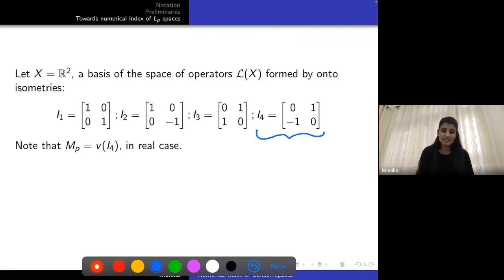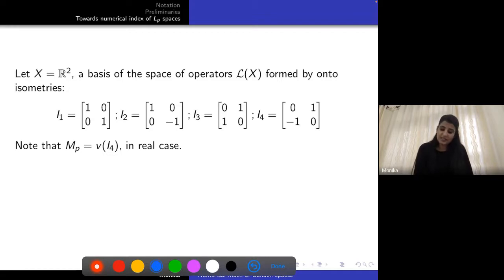This M_p is actually very important for us, that's why I'm recalling it again and again. This M_p is the numerical radius of the I4 matrix (0, 1; -1, 0) in the real case.